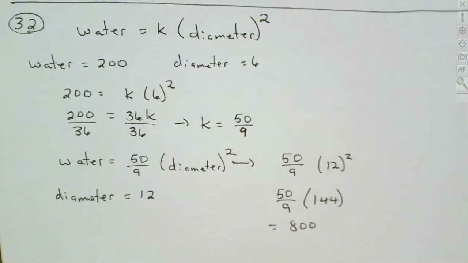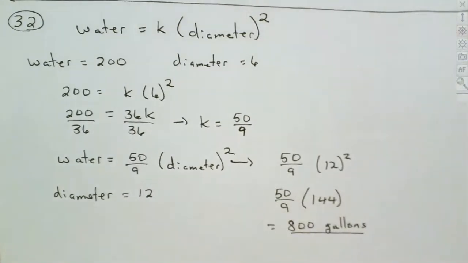And so you're going to get out now 800 gallons of water. So a lot more, and we doubled that diameter, so we really increased the flow rate.